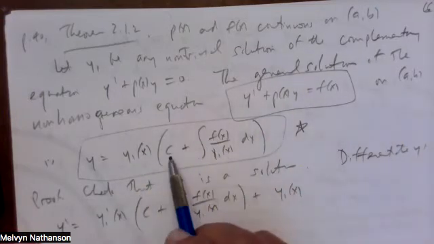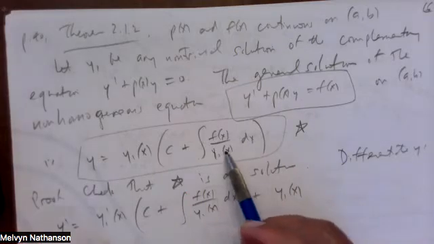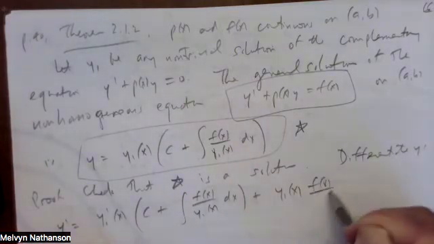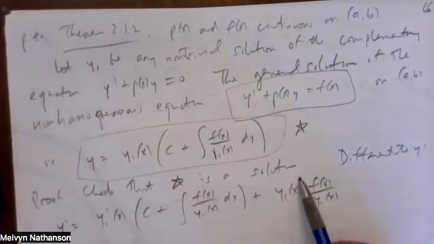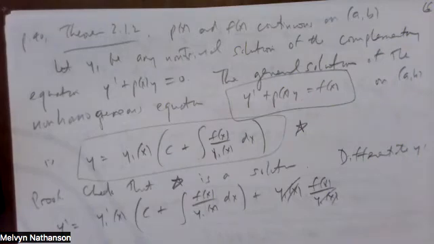The derivative of a constant is 0. The derivative of the antiderivative is f of x over y1 of x. You'll notice that y1 and y1 cancel. So what we have over here is just f of x.